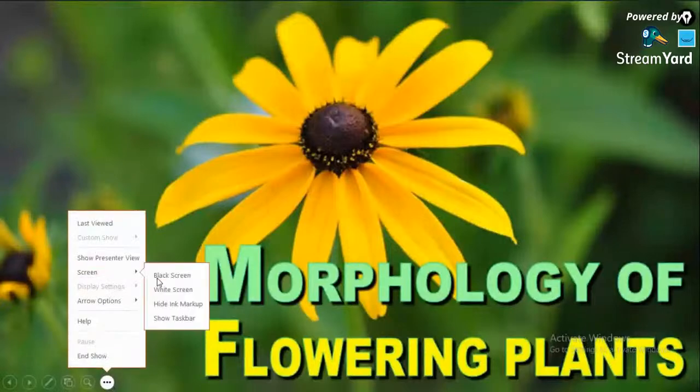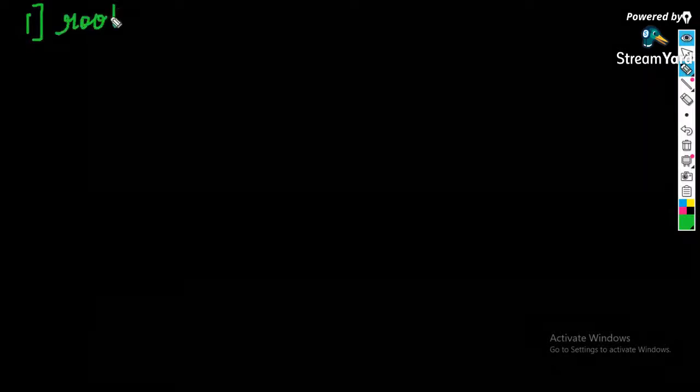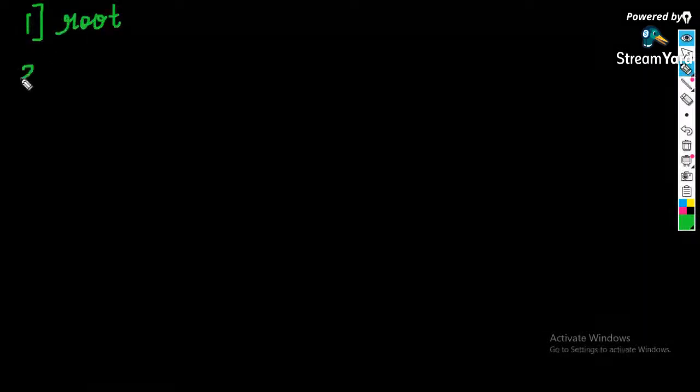First, let us look at what all concepts you have to discuss in this chapter. You first study about the root: the structure of root, types of root, and their functions.